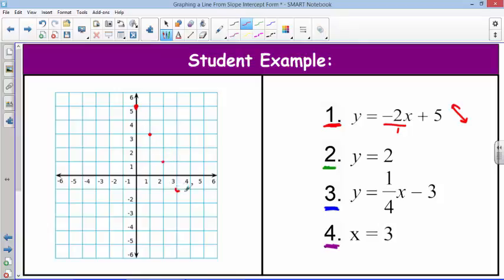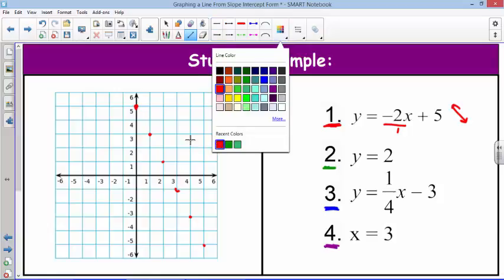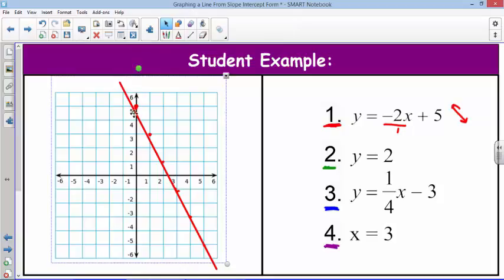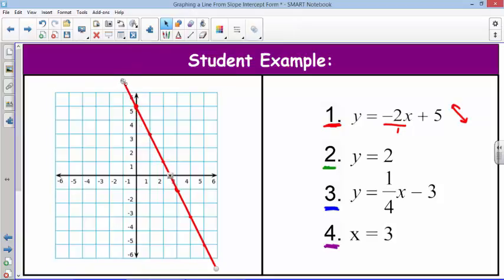Continue my dots out. So I'll go ahead and draw a line here. Alright, that was a little crooked, but that's alright. I can move this there. Draw my arrows. Alright, so that's the first one.